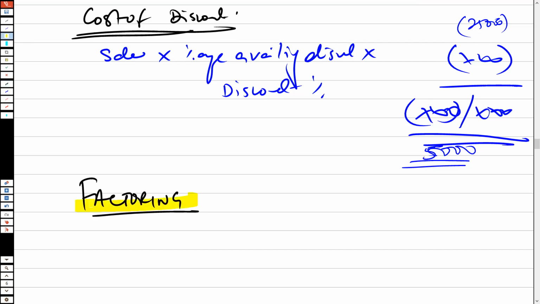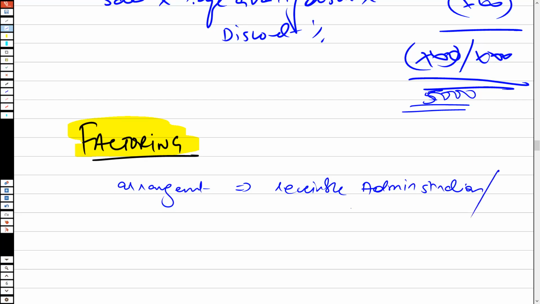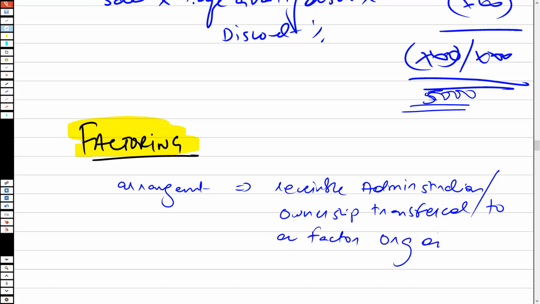If I could have a quick recall of what the factoring concept is all about: factoring is an arrangement where the receivable administration, ownership is transferred to a factor organization.